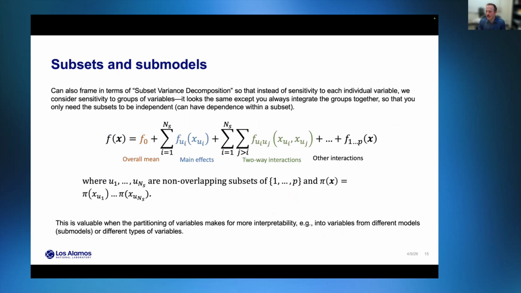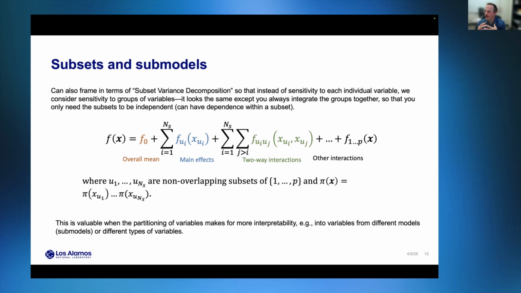Another interesting extension of the Sobol sensitivity indices, and we'll see this for many other sensitivity approaches, is that we can talk about subsets of indices kind of going together. So why you would want to do this: a lot of the computer models I work with, for instance, are made up of many submodels, and PTW could be one of the submodels, and there's 8 submodels, and PTW has 10 parameters, and each of the others has a different number of parameters.